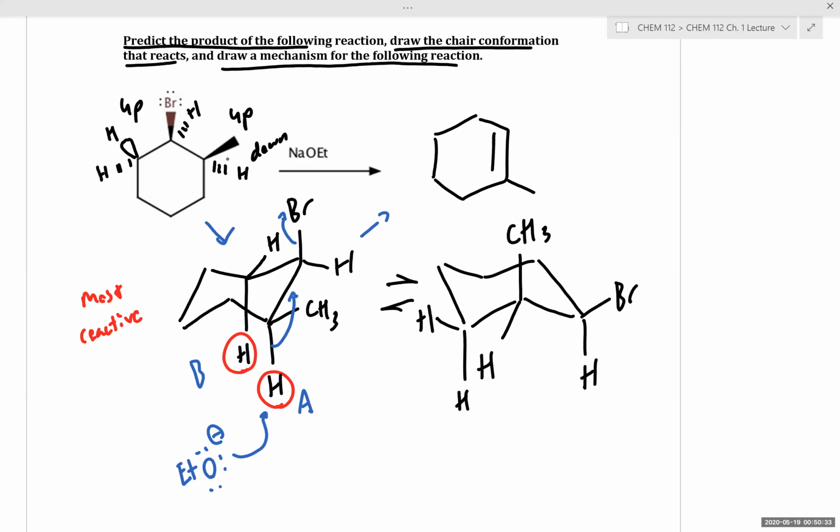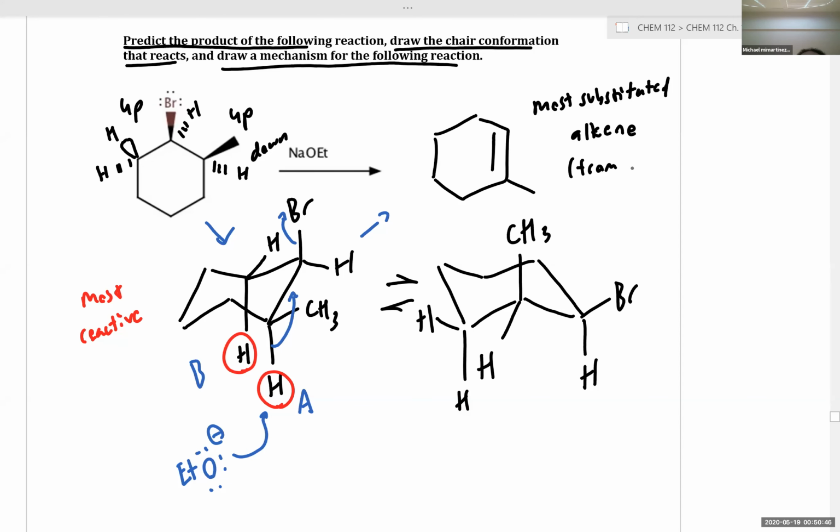In terms of which proton we picked, we wanted to generate the most substituted alkene from a transdiaxial conformation. Let's use that word.